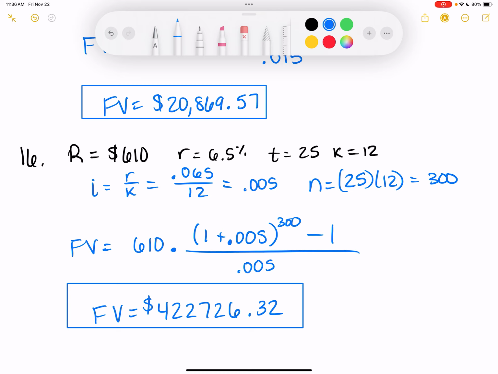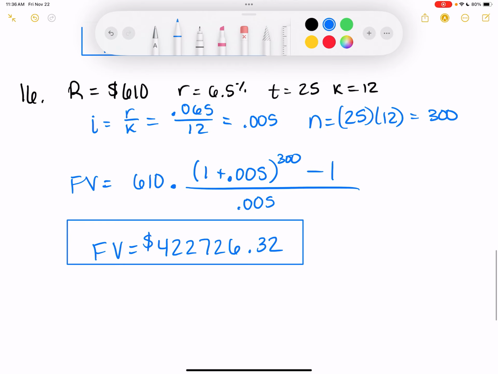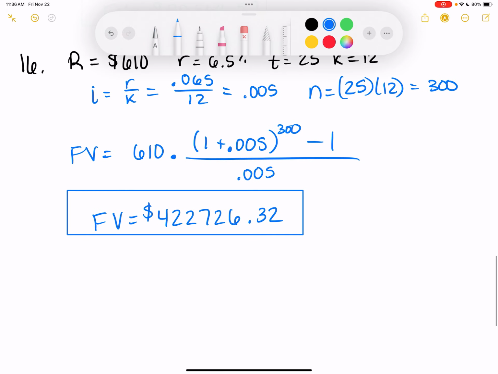Now, just for you to see where my calculator went. If instead I did not find I beforehand, I just want to show you what's going to happen. So I'd have 610 times alpha y equals, I put in my fraction.